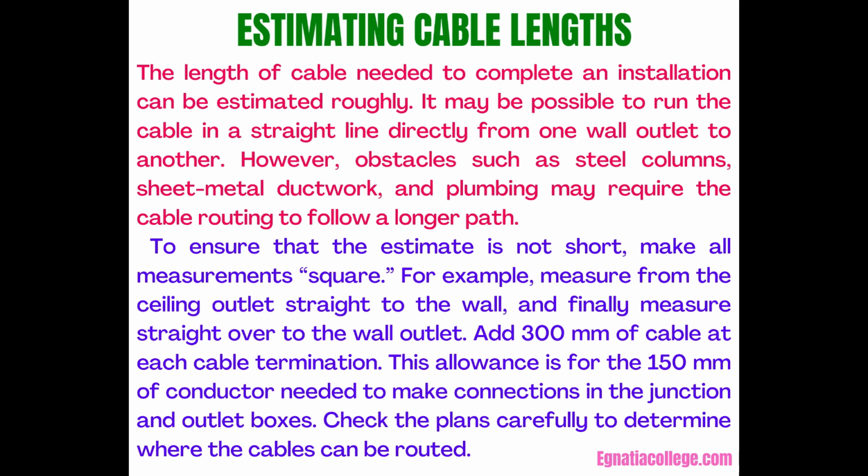For example, measure from the ceiling outlet straight to the wall, and finally measure straight over to the wall outlet. Add 300 mm of cable at each cable termination. This allowance is for the 150 mm of conductor needed to make connections in the junction and outlet boxes. Check the plans carefully to determine where the cables can be routed.